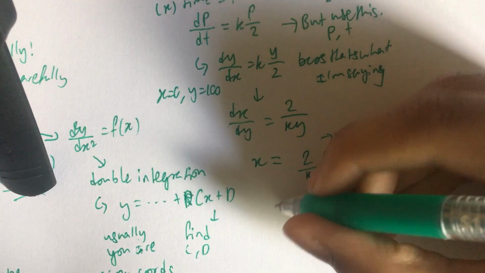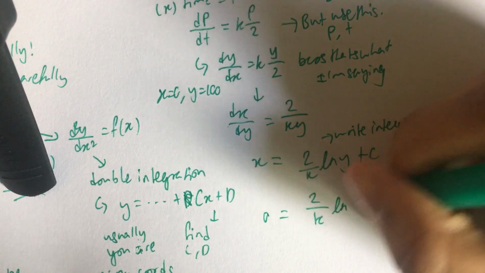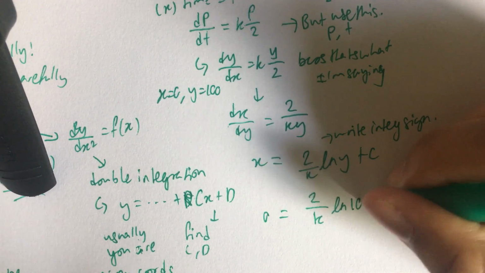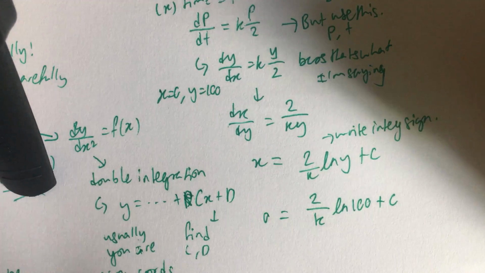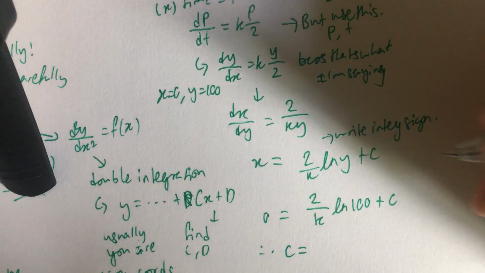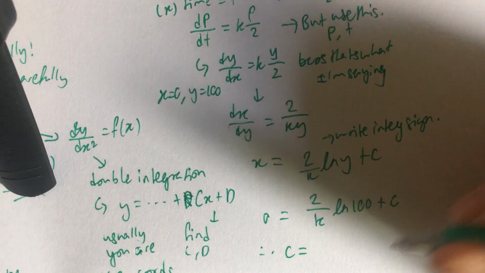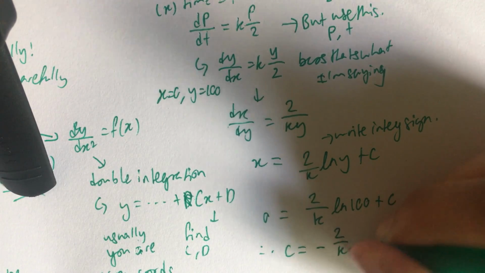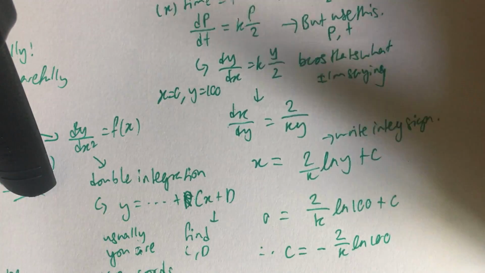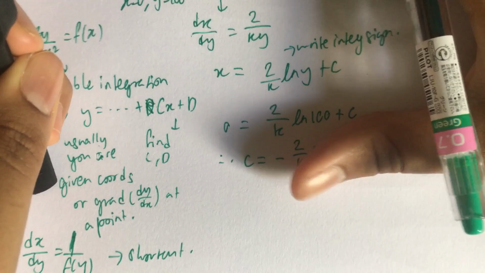Oh, sorry. Okay, let's just say x is t. So t is x in this scenario. In the actual question, write t, don't write x, like dy over dt, or dP over dt, depending on what variable you use. So 0 would be equal to 2 over k ln 100 plus c.